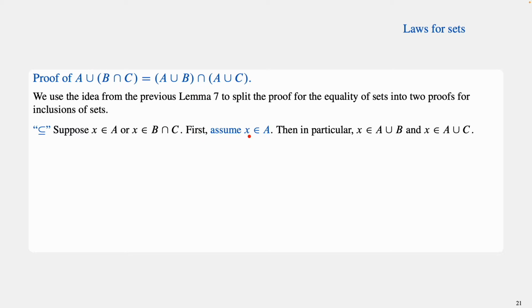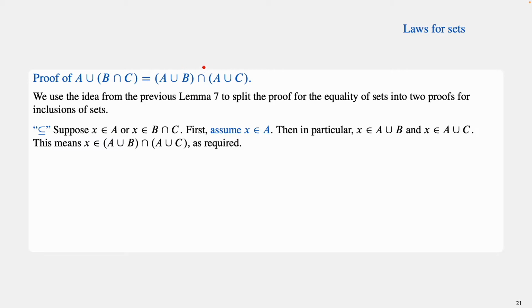So first we assume that X is contained in A. In particular, this means that X is an element of A union B, because the union of A and B of course contains A. So every element of A is contained in this bigger set that contains A. And by the same reasoning, X is contained in A union C. But this means, if X is contained here and X is contained here, that X is contained in the intersection of A union B and A union C, as required.